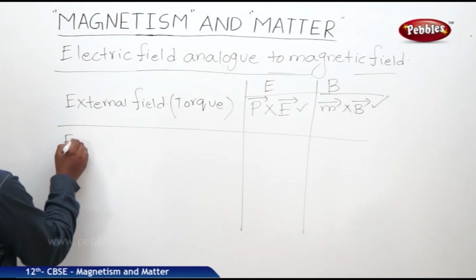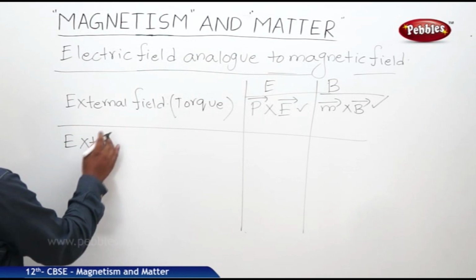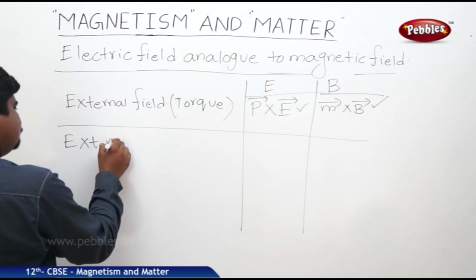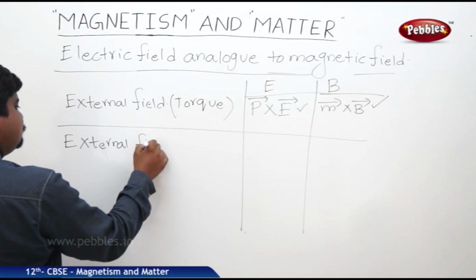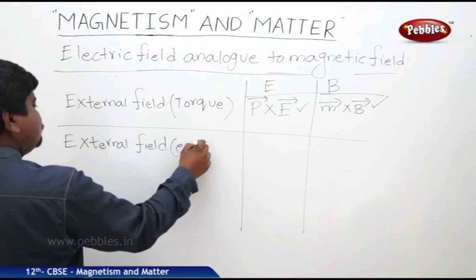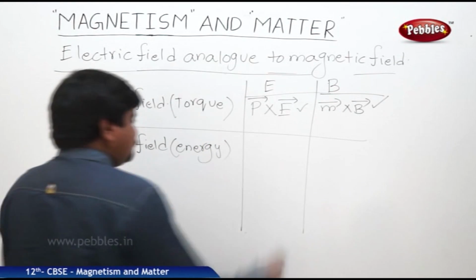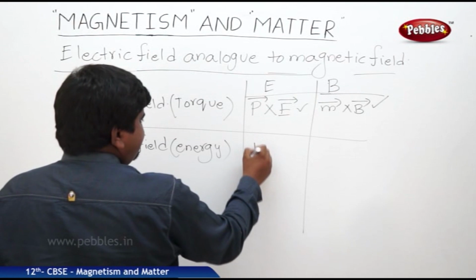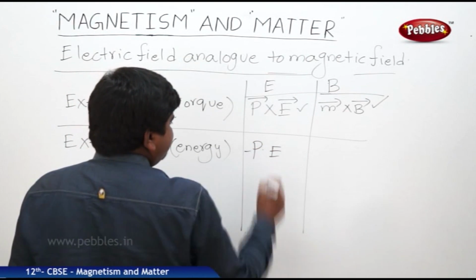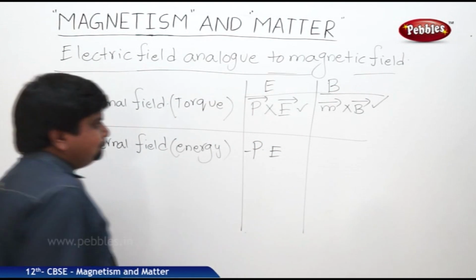The next one is external field energy. Here it is minus P dot E, that is minus PE cos theta.